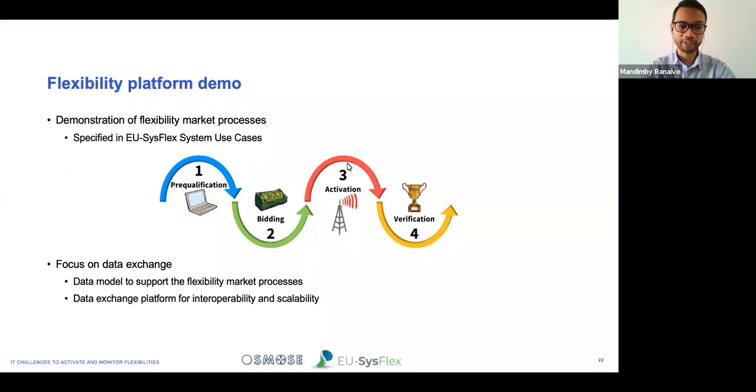The second point is the use of a data exchange platform. This is an approach that will be described also later in a future presentation of this webinar. The usage of this approach allows interoperability and scalability, as we will see later.